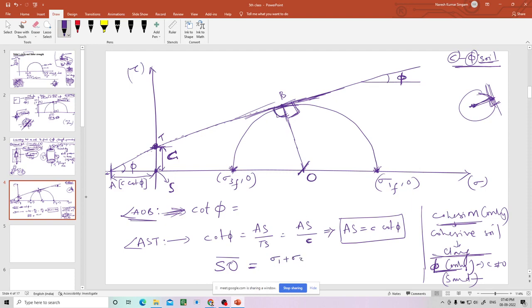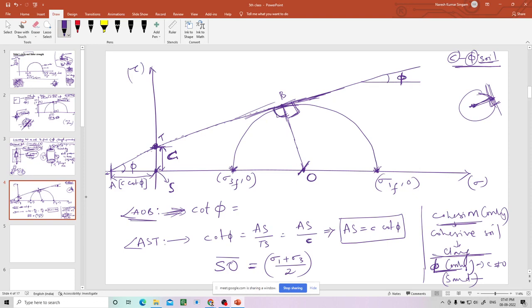For the timing I don't write the f suffix. This distance is the midpoint between these two. Suppose this is 2, this is 4, this will be 3, which is 2 plus 4 by 2. In the same way, sigma 3 plus sigma 1 by 2 will be the distance between this and this.